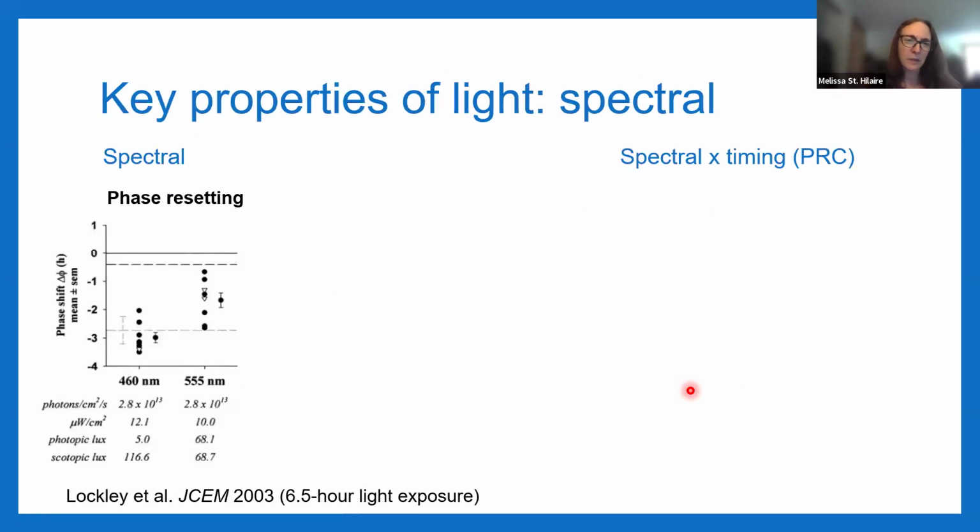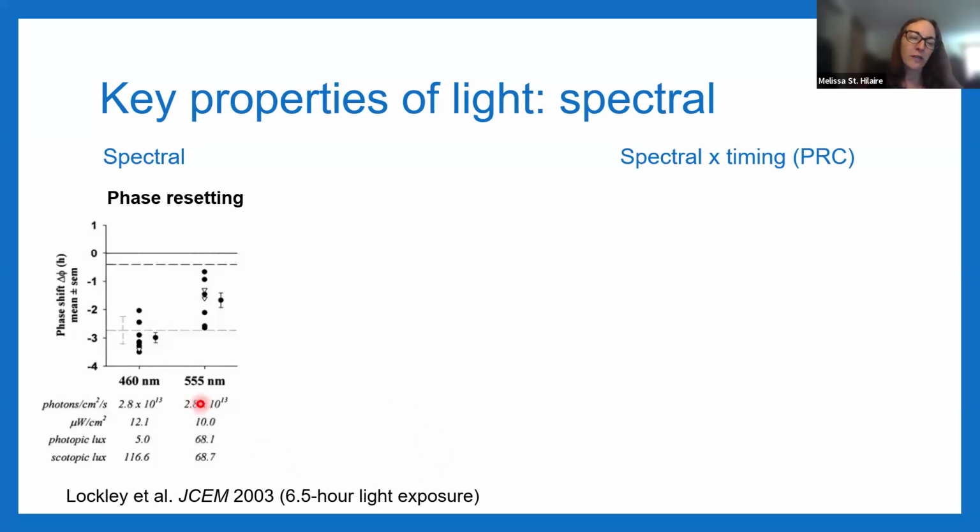But getting back to some of the key properties, I think the newest property that we've introduced into our lexicon, so to speak, is what happens with different spectral distributions of light. So again, a lot of my examples focus on work that was done at Brigham and Women's because that is the group that I was working with.